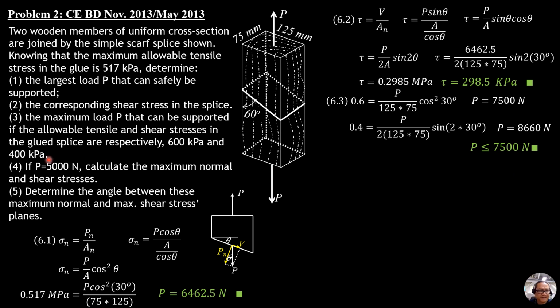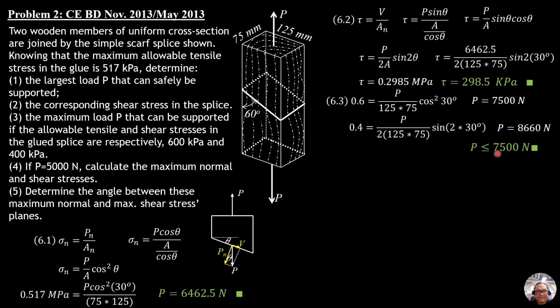Then for the shear check, 0.4 equals, using this formula here, P over 2A.